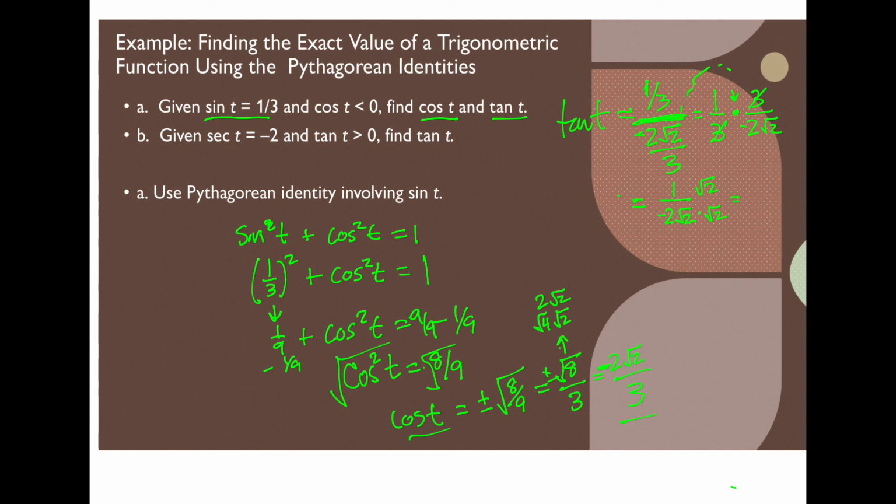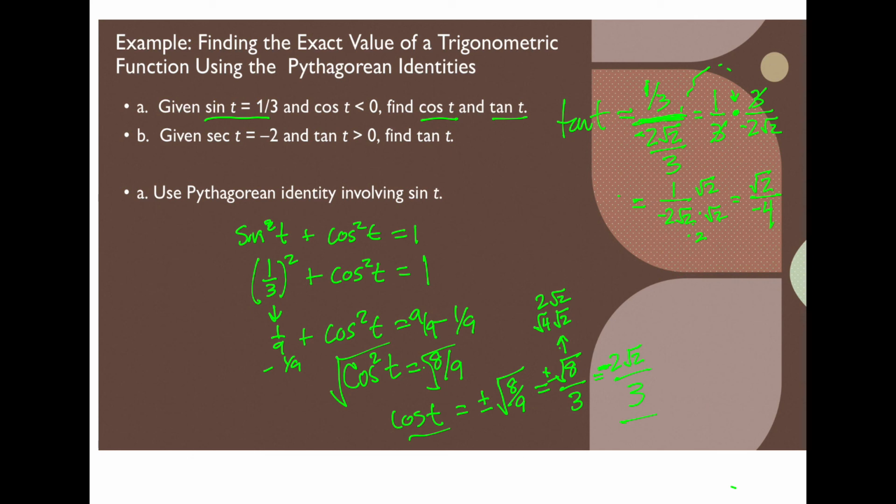So if I multiply the top and the bottom by just the root of 2, because that's all I want to get rid of, that gives me the root of 2 over root 2 times root 2 is 2. So that's negative 2 times 2, so negative 4. So the negative square root of 2 over 4 would be the tangent of this t.